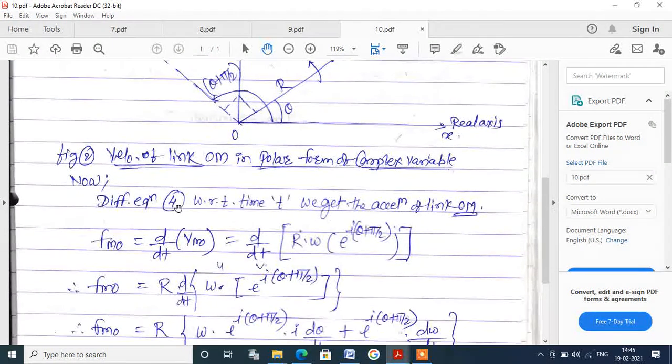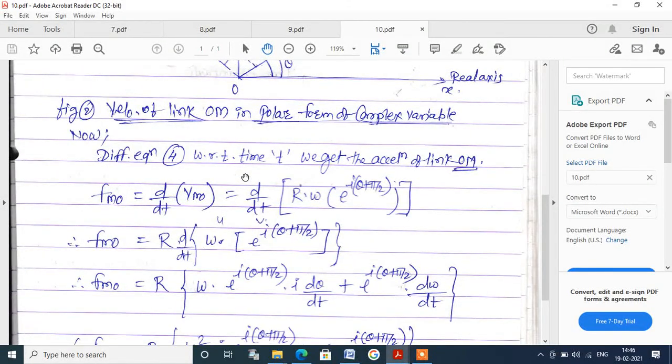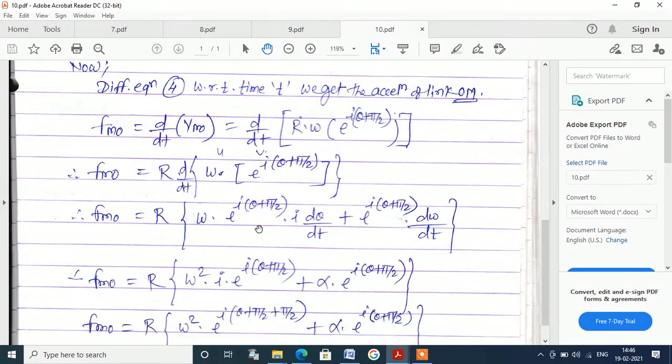Okay. Now differentiate this equation and you will get acceleration. So acceleration is given by the letter F. I have used the letter F. So d by dt of R omega e raised to i theta plus pi by 2. Now use the u into v rule. So we will get R omega e raised to i theta plus pi by 2 into i d theta by dt plus e raised to i theta plus pi by 2 d omega by dt. d omega by dt is alpha and d theta by dt is omega.